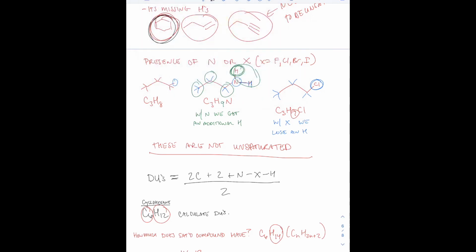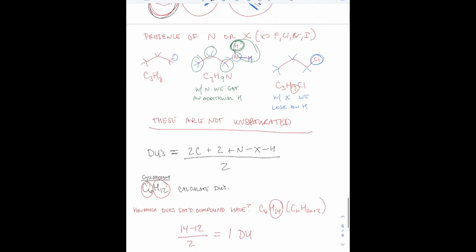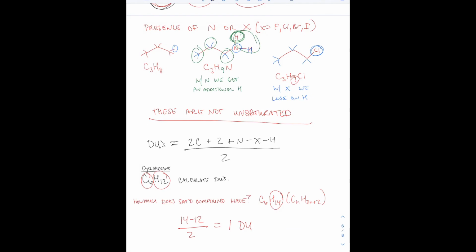And each pi bond, so this pi bond right here, is a degree of unsaturation. So this alkene is 1 and alkyne is 2 and a ring is 1. If you're visually looking at it, you can just add them up, but if you need to calculate it, what does the DU represent? It represents either a ring or pi bonds.